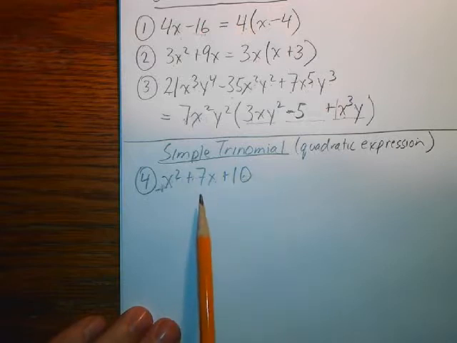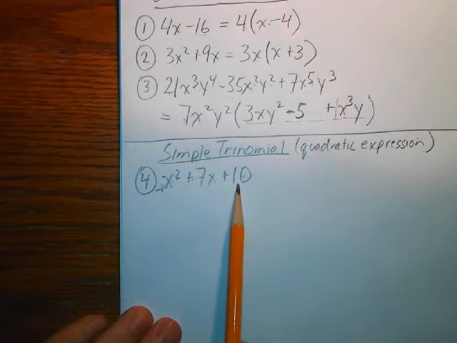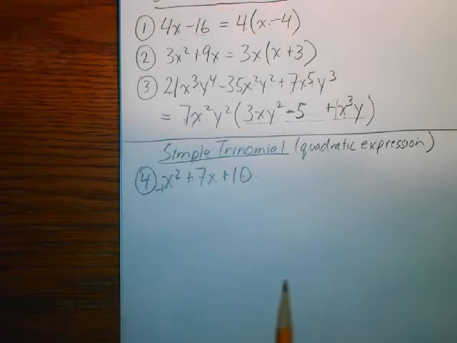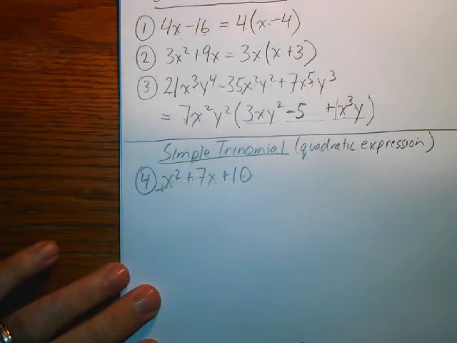This one will factor, but if I change this to a 9, it wouldn't be factorable. So factoring doesn't always work. You can't assume that everything's factorable. Most expressions are not factorable, but as you remember from grade 10, 11, most of the ones you get, when you're asked to factor something, 99% of the time it is factorable. So just because you don't know what to do doesn't make it not factorable.